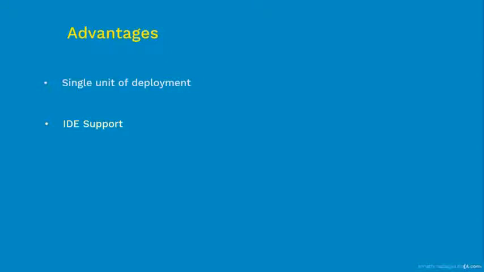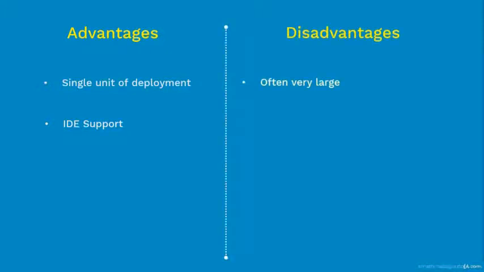Now, let's move on to the disadvantages. As some of you may have guessed already, this list is certainly bigger than the advantages. The first disadvantage is that applications built with monolithic design are often very large. If the application is small, then there are no problems. It will be easy to develop and maintain.